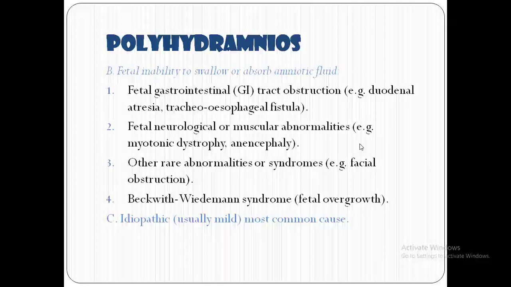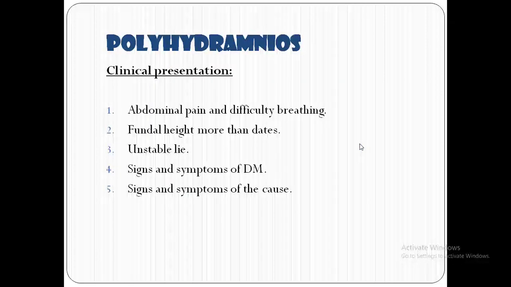The other reasons are the fetal inability to swallow and absorb amniotic fluid due to obstructions in the GI tract, or because of any neurological or muscular abnormalities, for example, myotonic dystrophy or anencephaly, or if there are any abnormalities, for example, in the face. And the most common cause of polyhydramnios is idiopathic polyhydramnios, and this is usually mild.